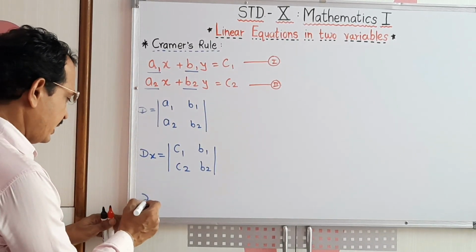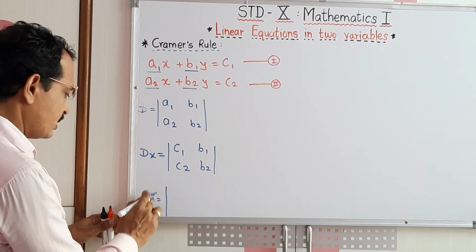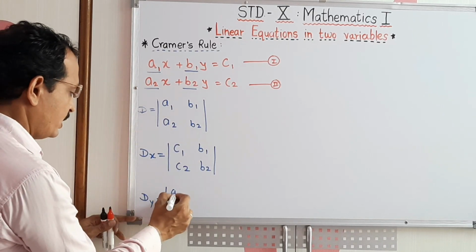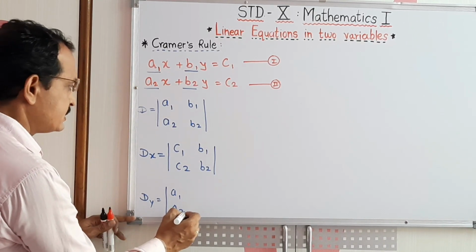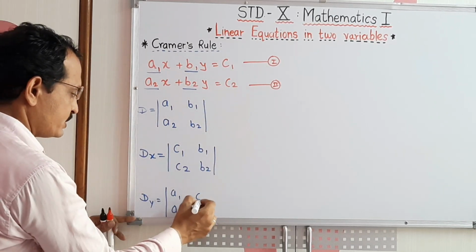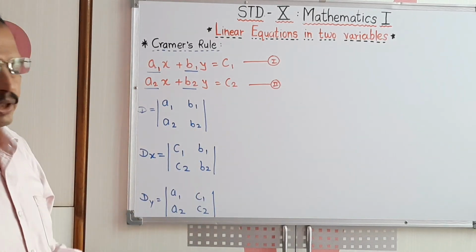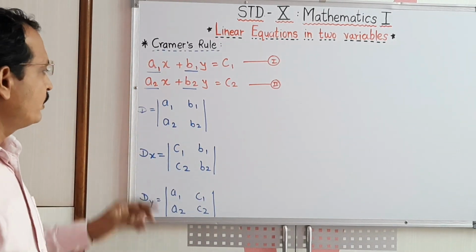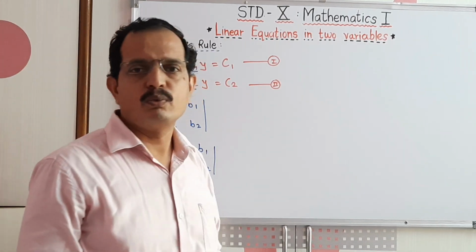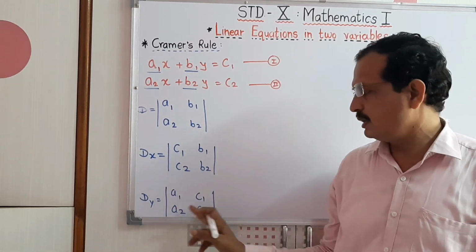Then the next determinant is the Dy determinant. In this determinant we have to write this a1 a2 as it is, and we have to replace this b1 b2 with c1 c2, and we get the values of this determinant. First we have to find out determinant D, second determinant Dx, and the third one is Dy.